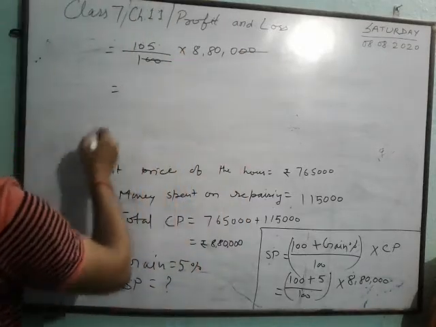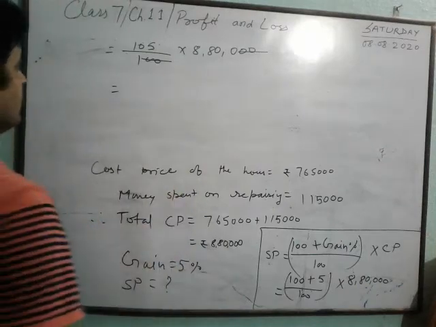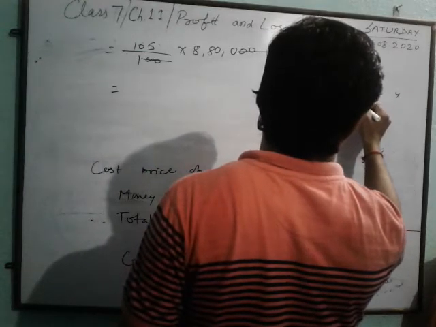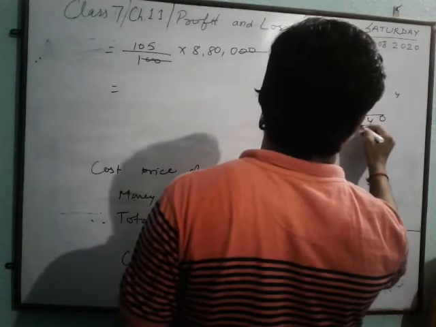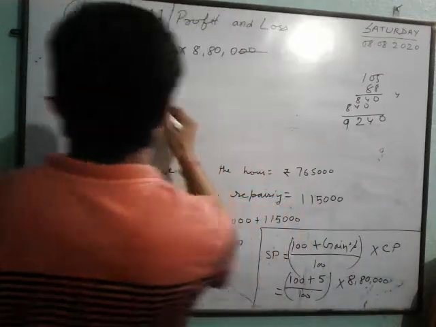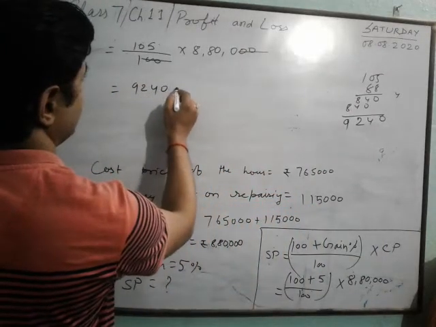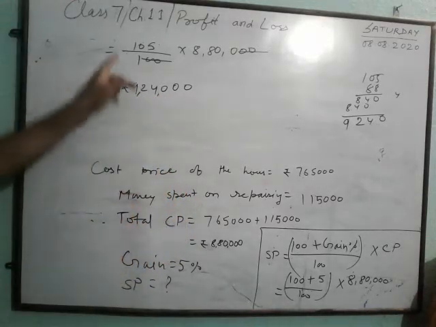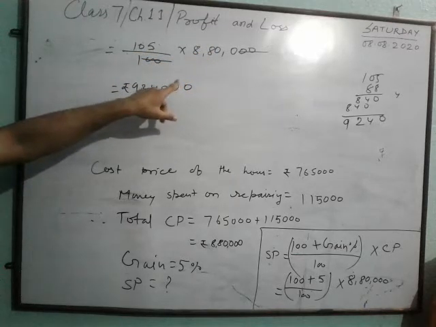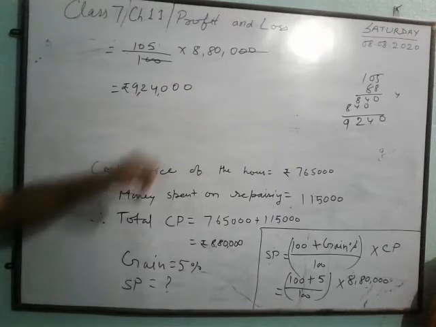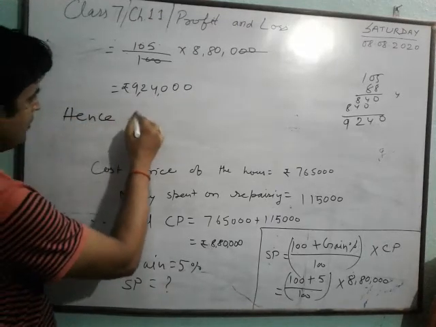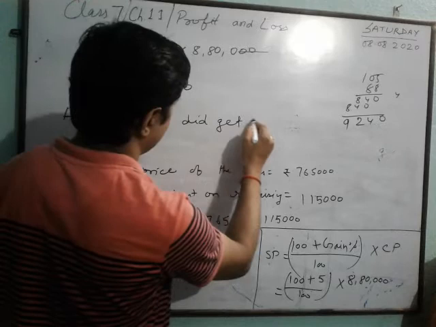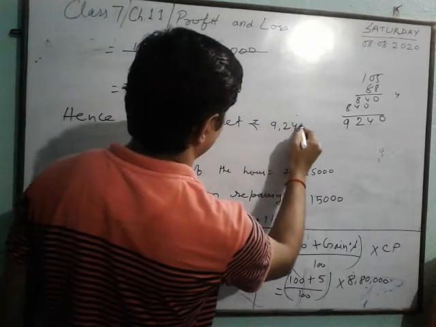Now multiply this. Hence, I have calculated 105 multiplied by 8,800 is 9,24,000. Hence, Ravi did get rupees 9,24,000.